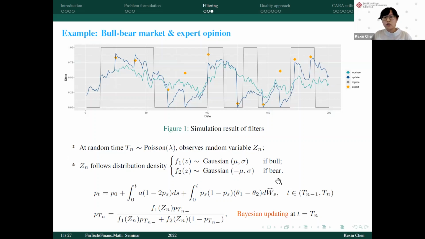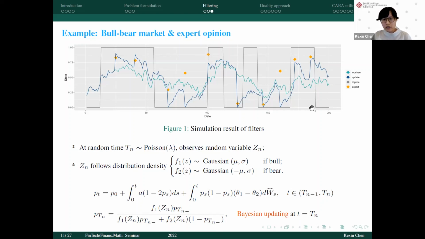So using the previous result, we will see that between the two signal arrivals, that is when t belongs to [T_{n-1}, T_n), the filter process evolves exactly as the classical filter. So it is a continuous process that only involves \hat{W} here. But at the signal arrivals, it is Bayesian updated by this function, which depends on the Z_n and also the filter process itself.